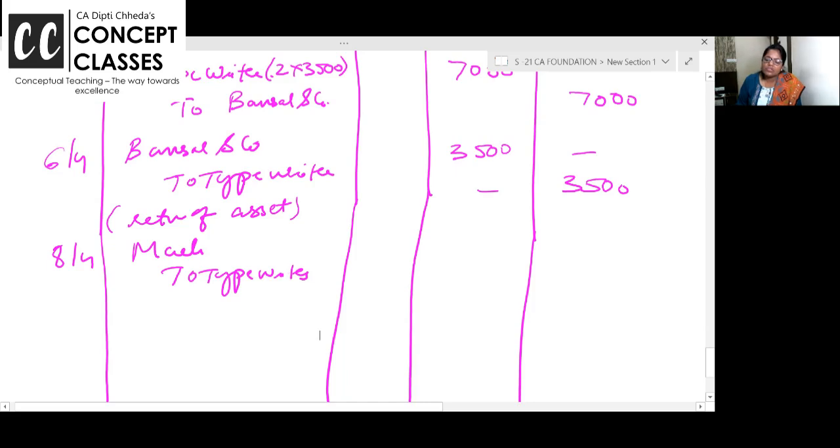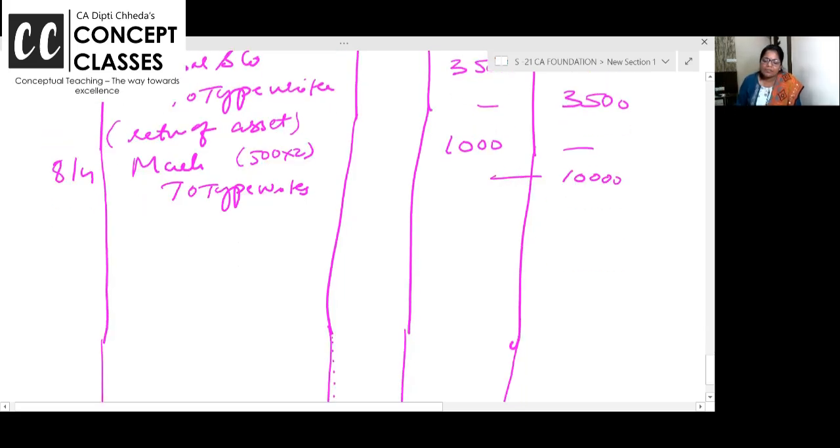How much? $500 into 2. Everyone is clear why I am skipping few entries. This is 8/4. 10th April I have sold the goods in cash. It will not come. Return will not come.